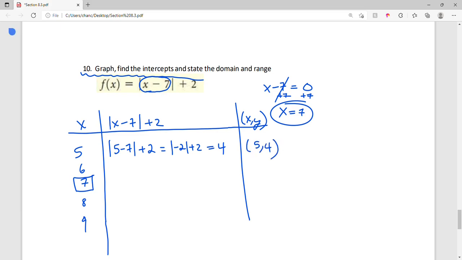Using a 6 now, 6 minus 7 is -1. The absolute value of -1 is actually a positive 1. So we have 1 plus 2 gives us 3.